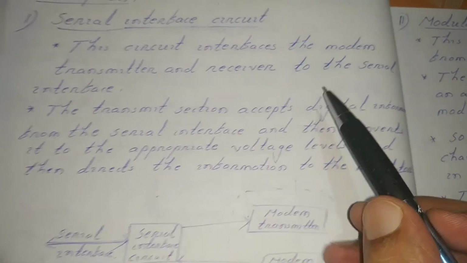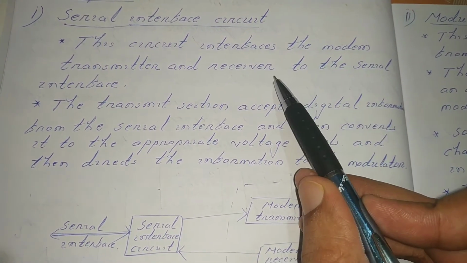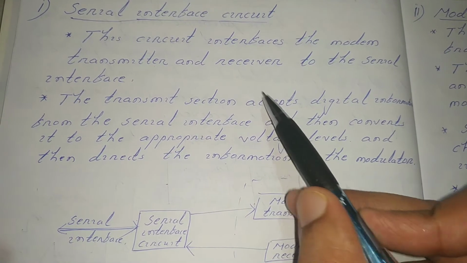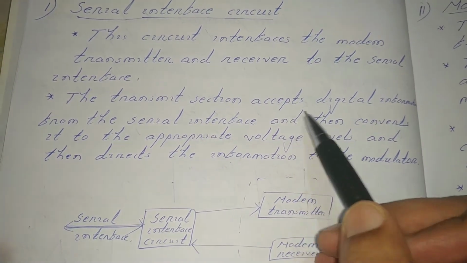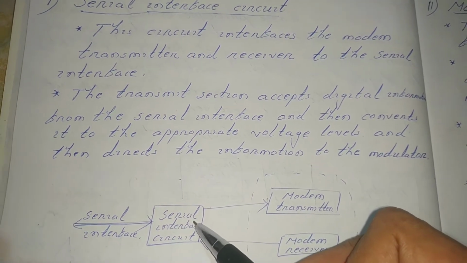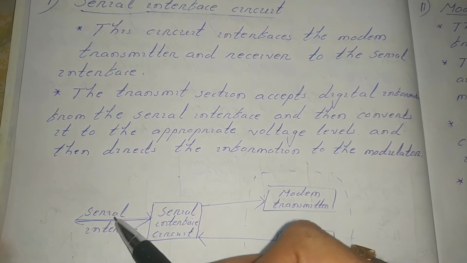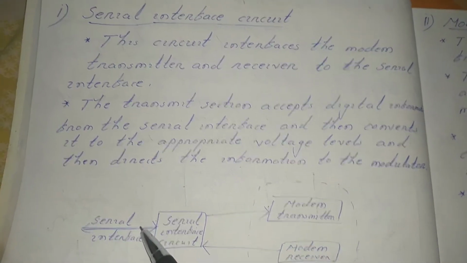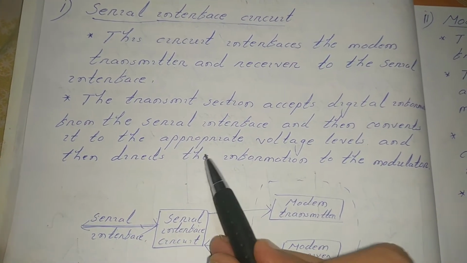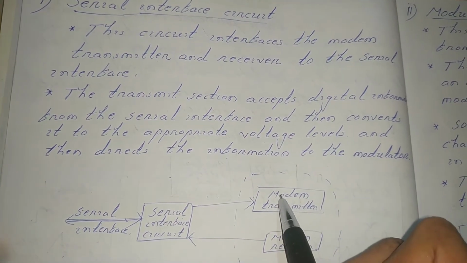See here, it is written that the circuit interfaces the modem transmitter and receiver to the serial interface. Then the transmit section accepts the digital information from the serial interface. So the serial interface circuit will accept the digital information from the data terminal equipment through the serial interface, and it will convert it into an appropriate voltage level. Then it will direct the information to the modulator side.